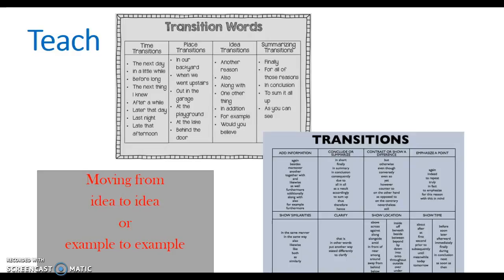If you are writing a compare and contrast paper, you might say, on the other hand, or like, or however, or consider. Nevertheless is a good one when writing compare and contrast.